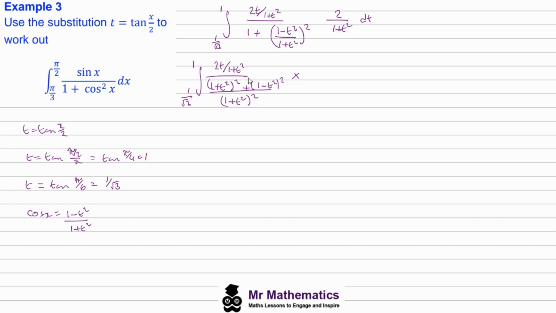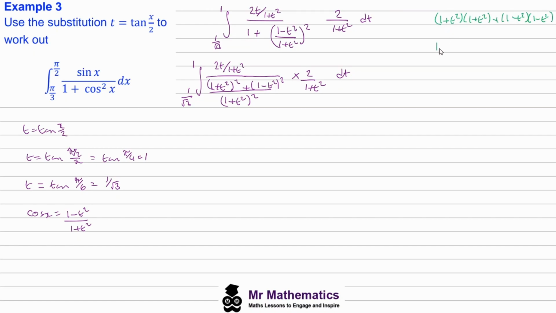And this is multiplied by 2 over 1 plus t squared and integrated with respect to t. So I'm going to simplify this numerator over here. We have 1 plus t squared all squared plus 1 minus t squared all squared.